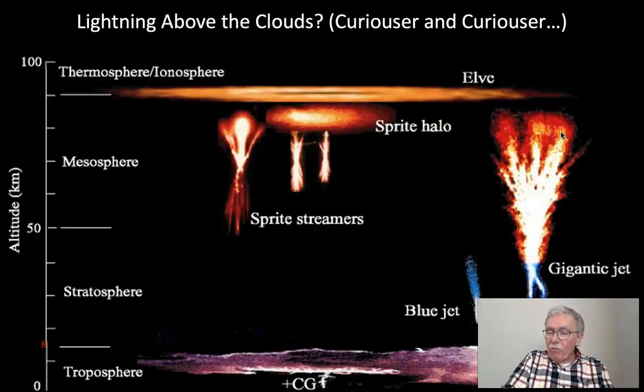Well, things get really bizarre when you look at thunderstorms from the standpoint of what goes on above them, because the lightning inside and below the thunderstorm is just part of the story. Above the thunderstorm, it was discovered not too many years ago by orbiting spacecraft, by astronauts riding in the space shuttle and the space station.